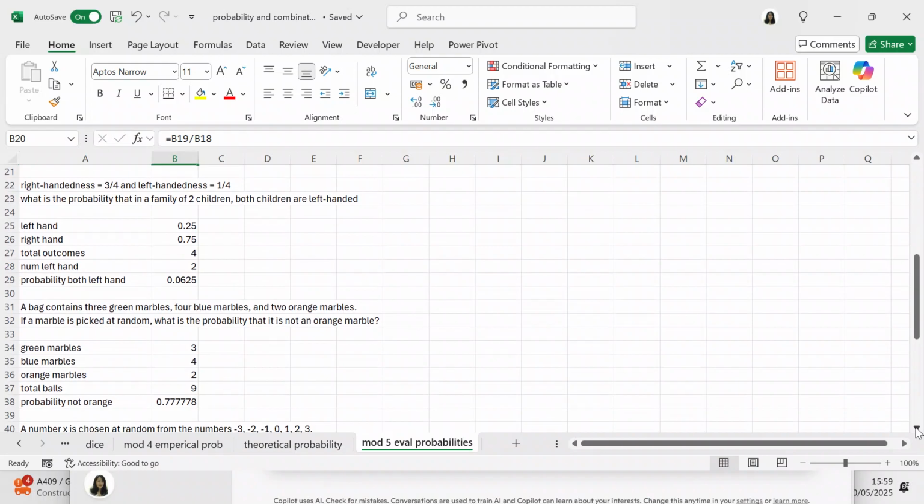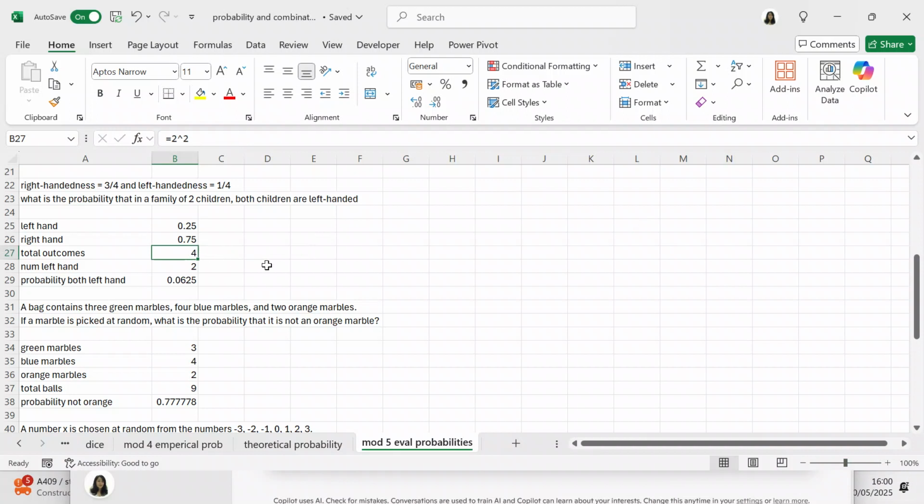The next question we have is: right-handedness equals 3/4 and left-handedness equals 1/4. What is the probability that in a family of 2 children, both children are left-handed? So left-handed is 25%, right-handed is 75%. Total outcomes is 4, because it's going to be left-left, left-right, right-right, or right-left.